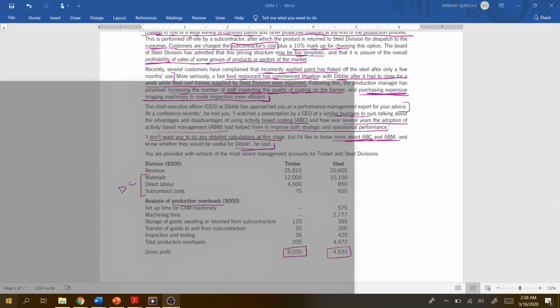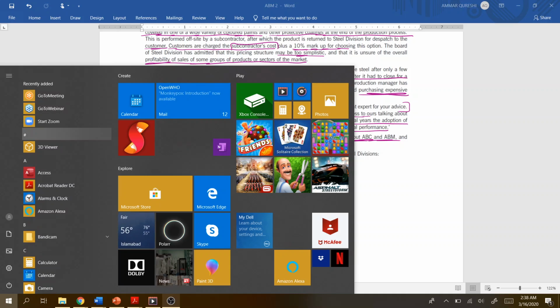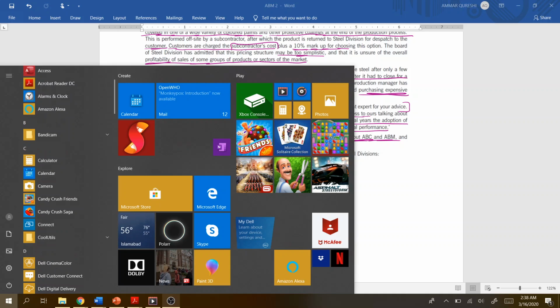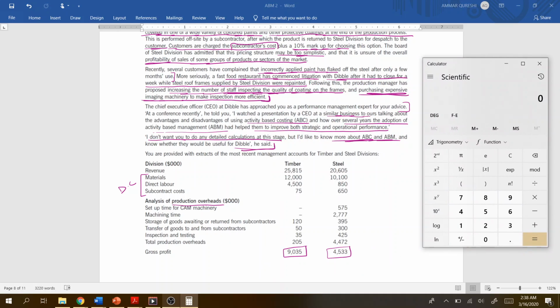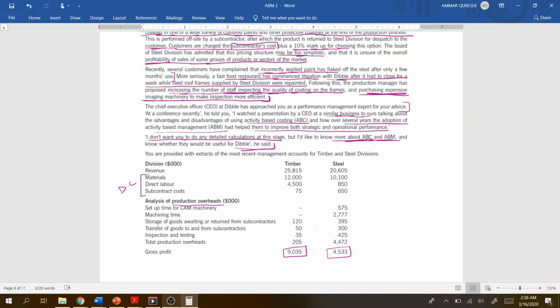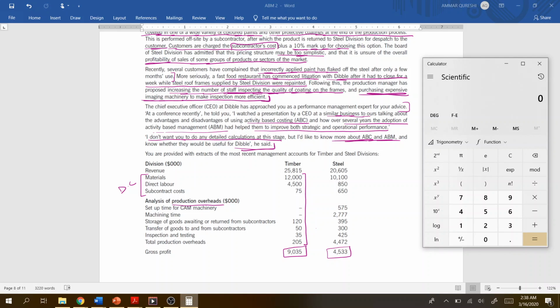Let me try to open the calculator. Yes. All right. So in the timber division, let me try to add the total cost. 12,000 plus 4,500 plus 75.